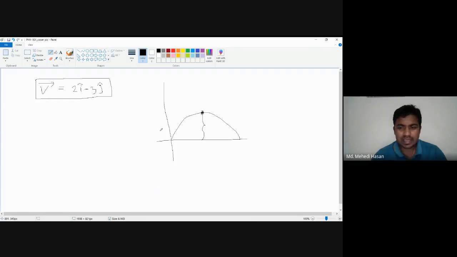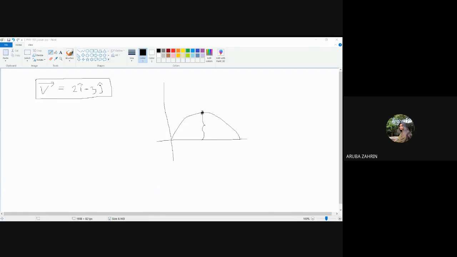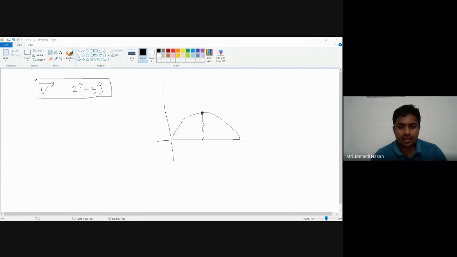Okay, so I'm explaining. Velocity at that point will be only the x component, because at the highest point the y component will be 0.